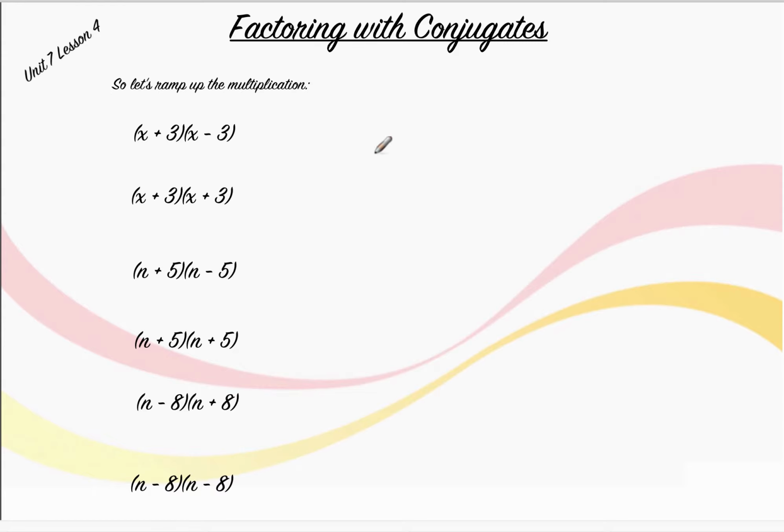If we were to multiply here, hopefully by now we know we're double distributing. X has to get passed out, and then the 3 has to get passed out. Okay, I'm going to leave that for a second.